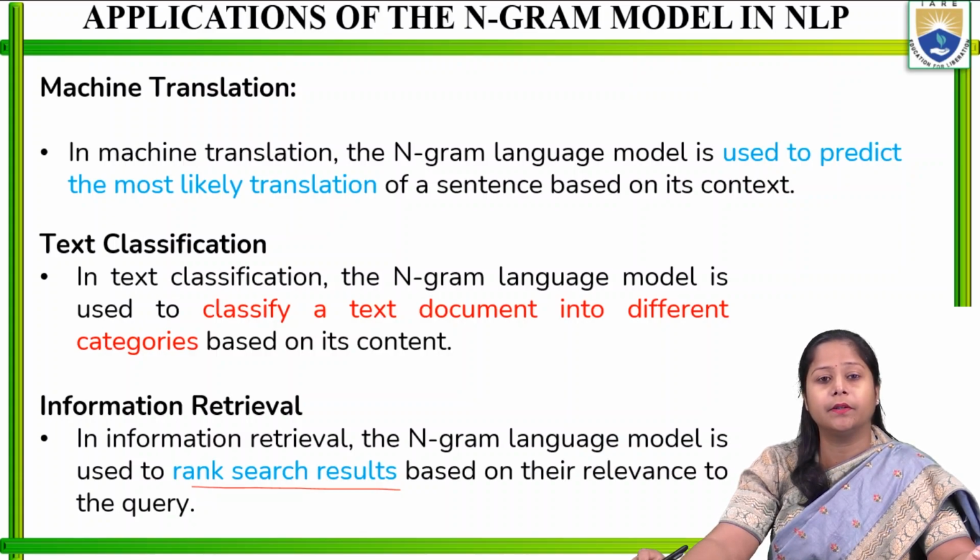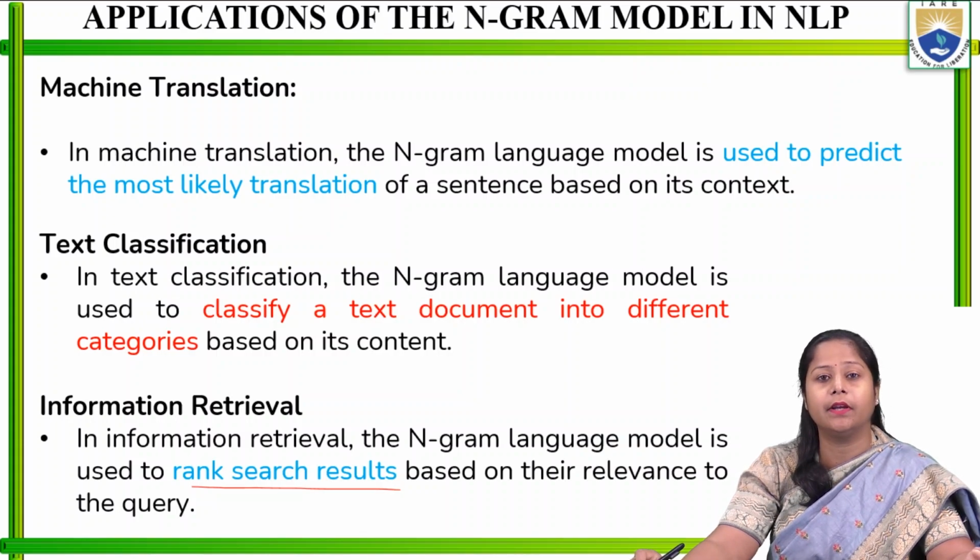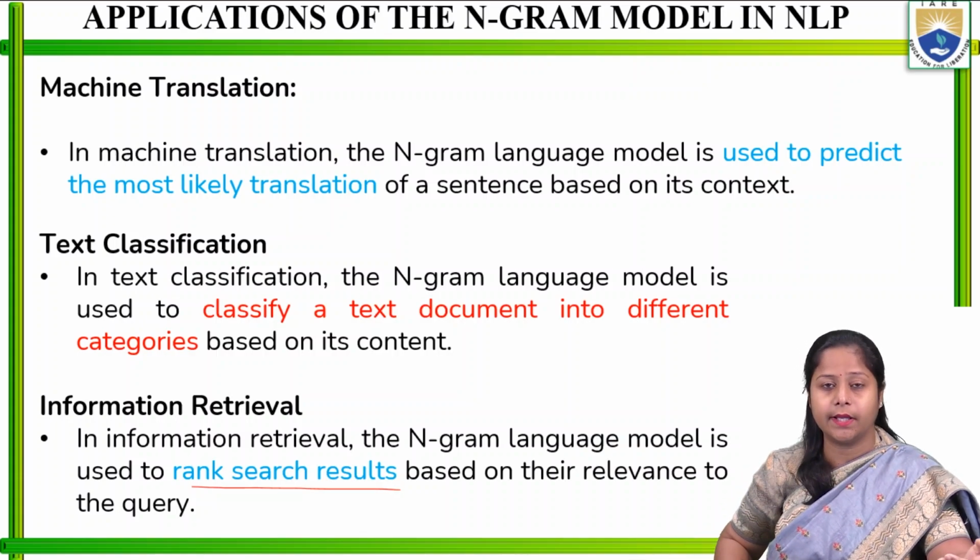If we have seen Google Scholar, where we are using some keywords or a sentence, that is going to give the most ranked document first, and then the others in order, based on the relevance to the particular query we have typed there. So that is how it is going to retrieve the relevant information in the form of information in rank order.